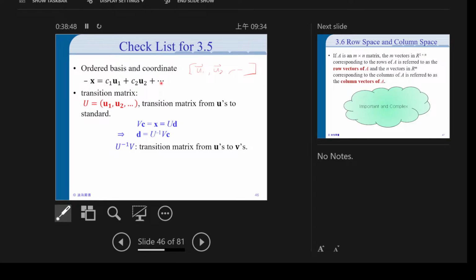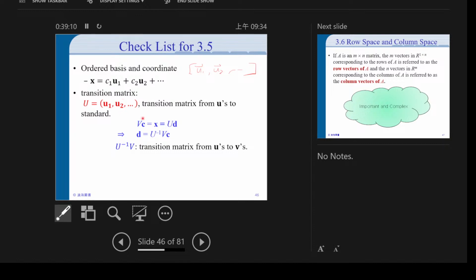And then we have this transition matrix U, the transition matrix from your ordered basis to the standard basis. You just write your basis vectors as columns and put them together into a matrix. So the transition matrix U is very nice.